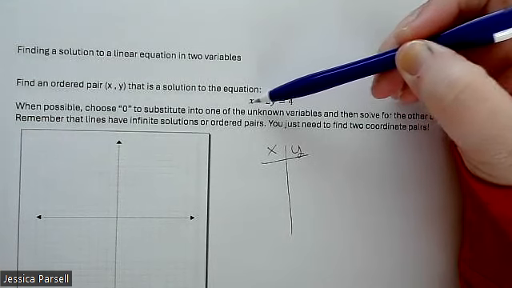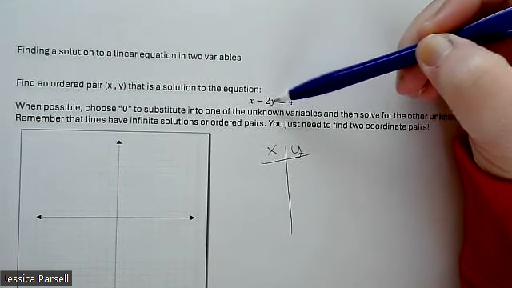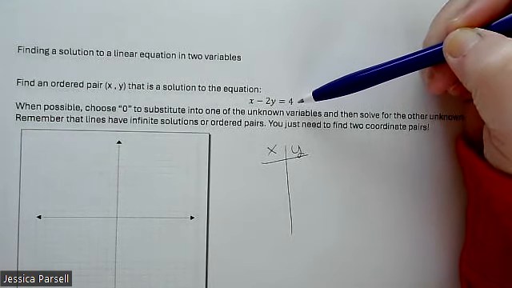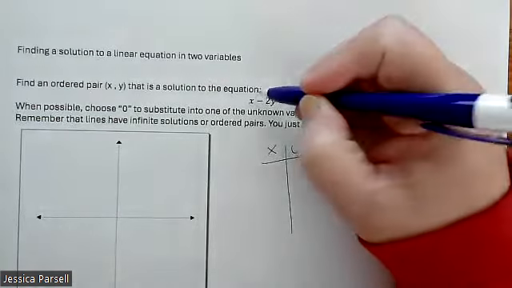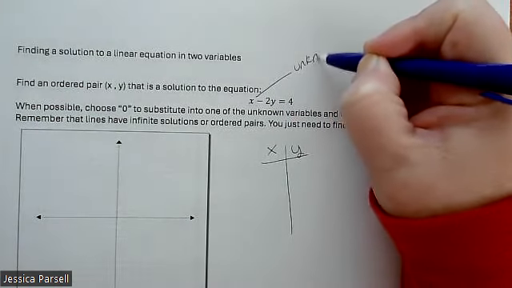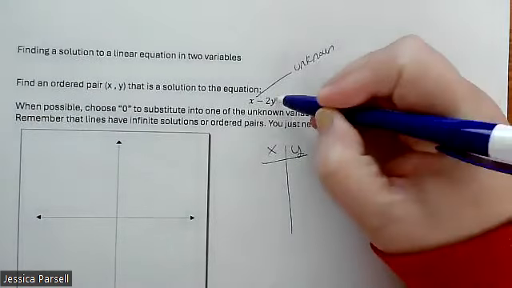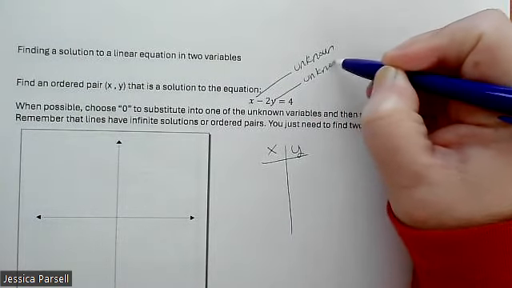And here's what this is kind of saying to us. Some number x minus 2 times some number y would be equal to 4. So these are 2 unknowns. This is an unknown, and this is an unknown.